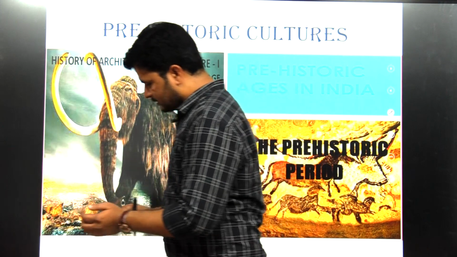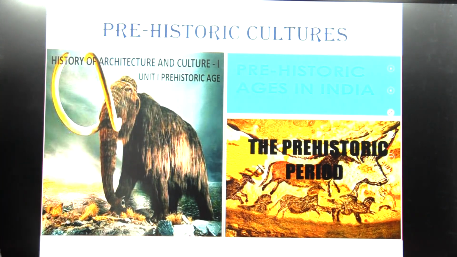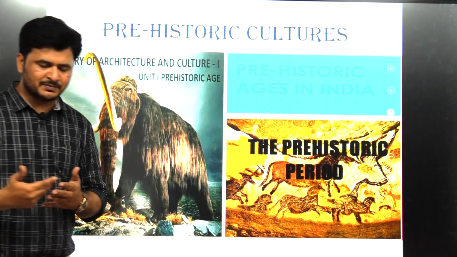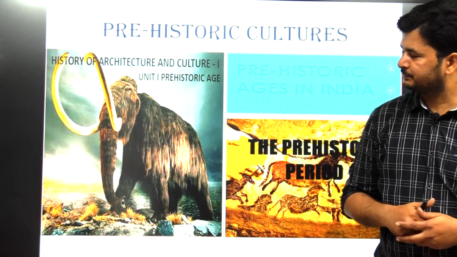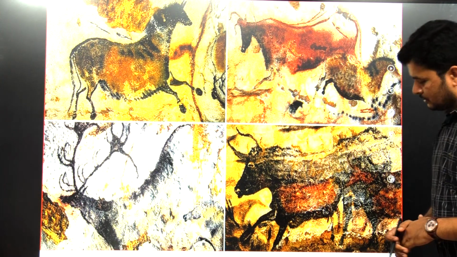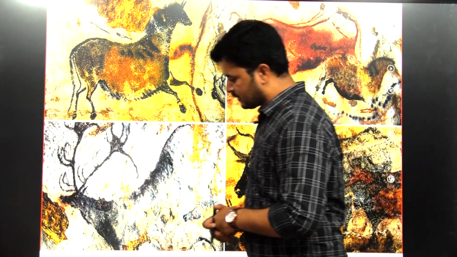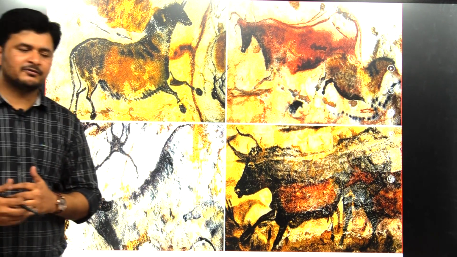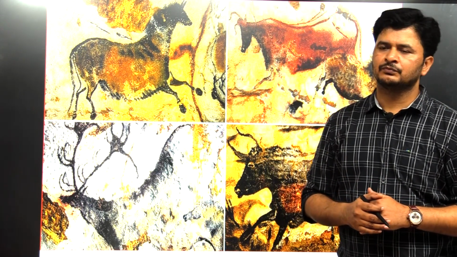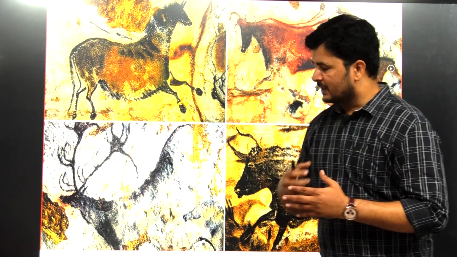So with this background, Paleolithic cultures. On the track called Prehistoric Culture, first chapter, start with Paleolithic cultures. One of the sources through which we can understand the way of life of prehistoric people is paintings, which will be discussed just to have an idea. So what were the sources? Because in order to understand the past, you require sources, you require evidences.